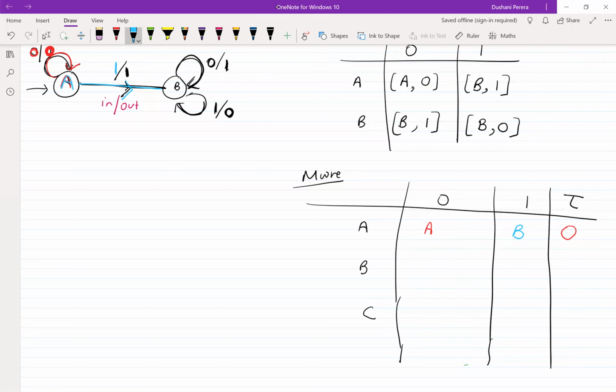Okay, then come to B. When you're at B and you see a 0, you come back to itself. And what do you print there? You have to print 1.